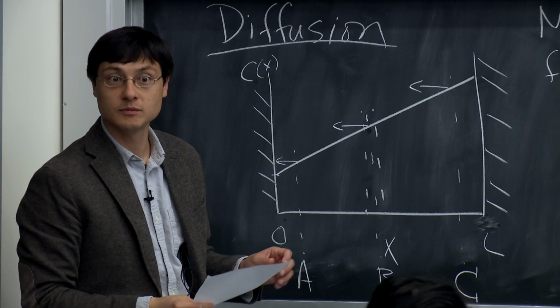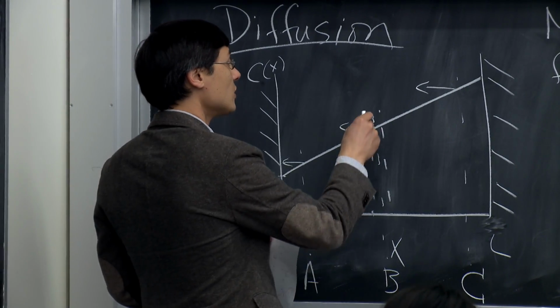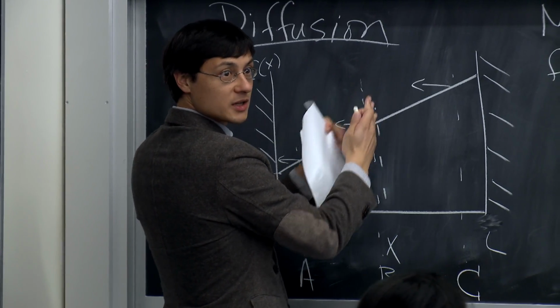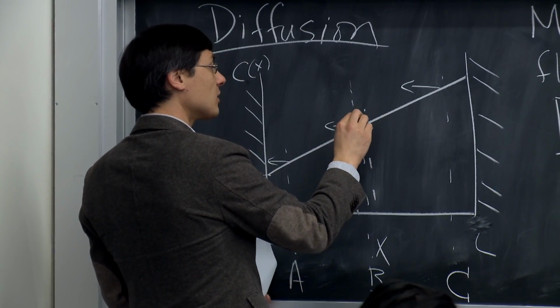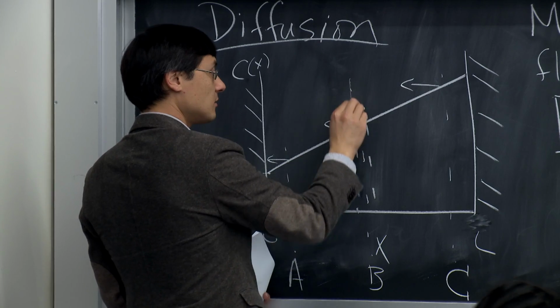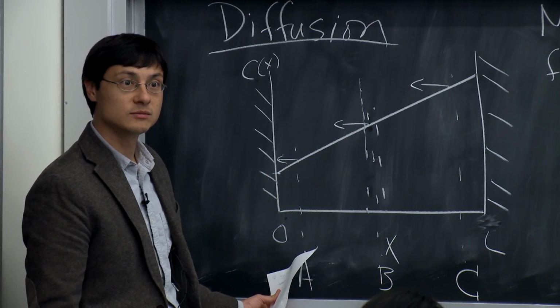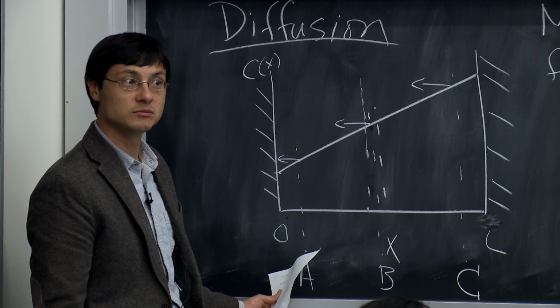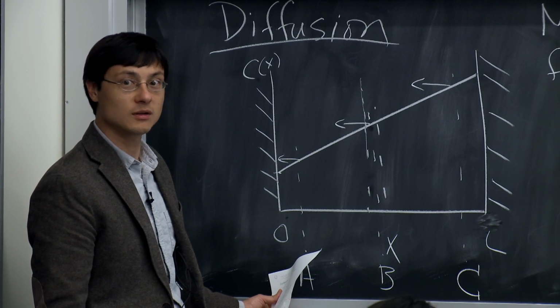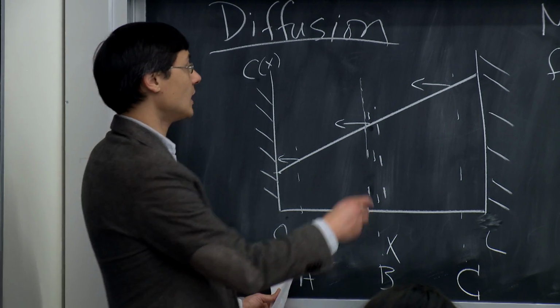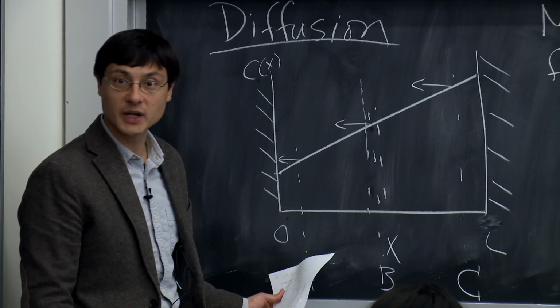Now, on this left face, if I draw a little box here, are all the particles crossing this position moving to the left? No. The idea is that all the particle motion is random.